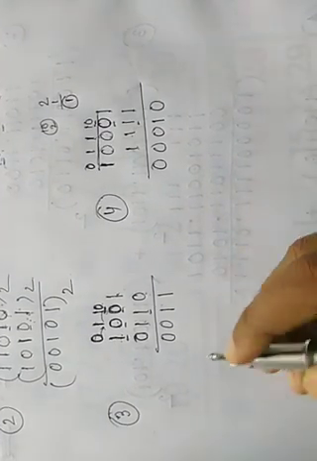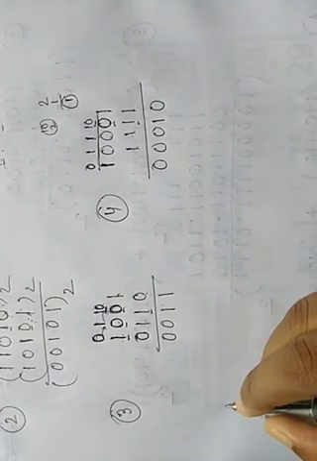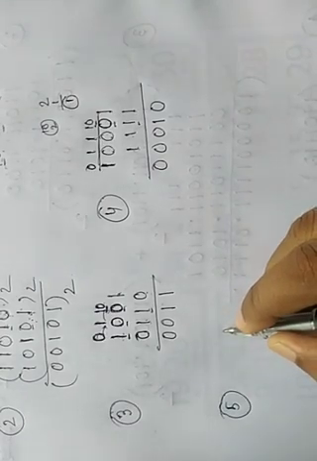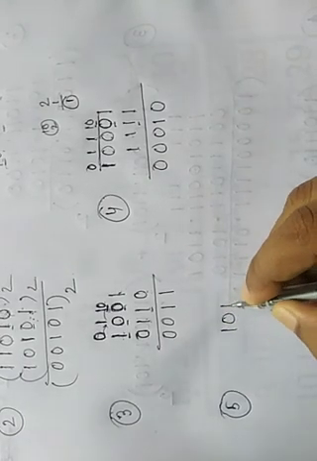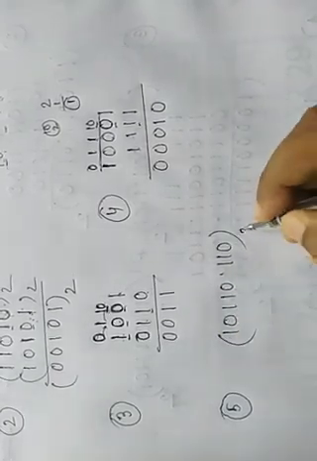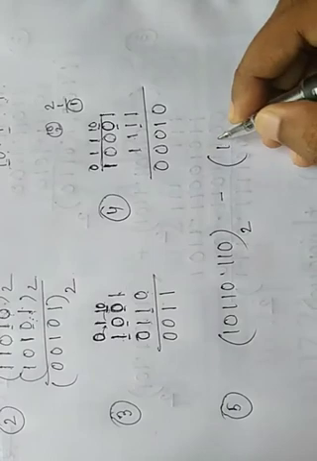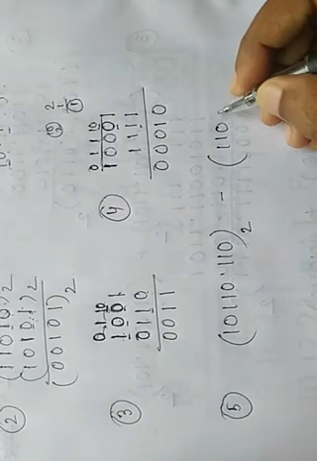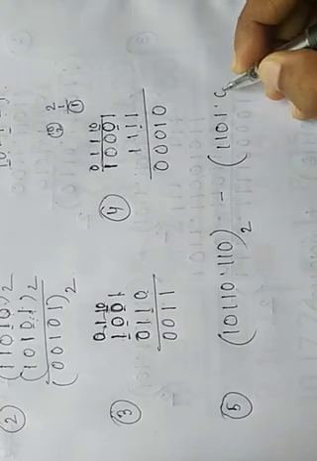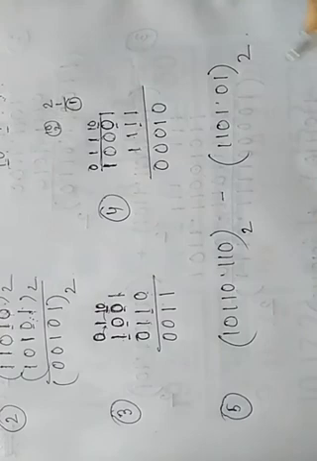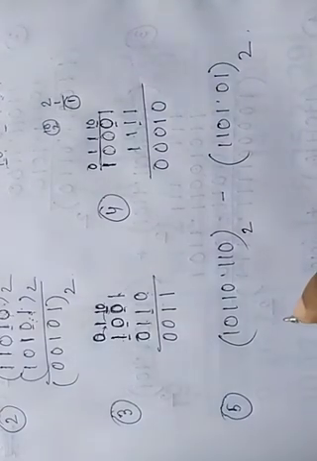Now this is our last example using a point value. Okay, now let us see. Our subtraction is 101100.110 minus 1101.01.